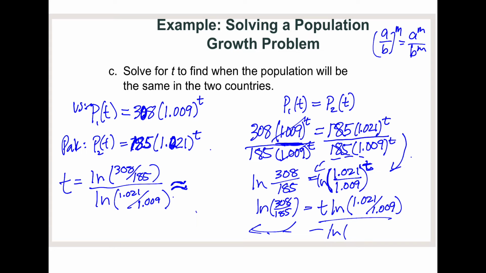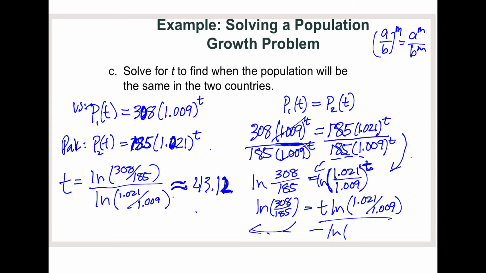How many years t will it take to get to the same population level? Go ahead and punch this into your calculator. Pause if you want. And we should get 43.12, so just a little bit after the 43rd year, which would be the 44th year.